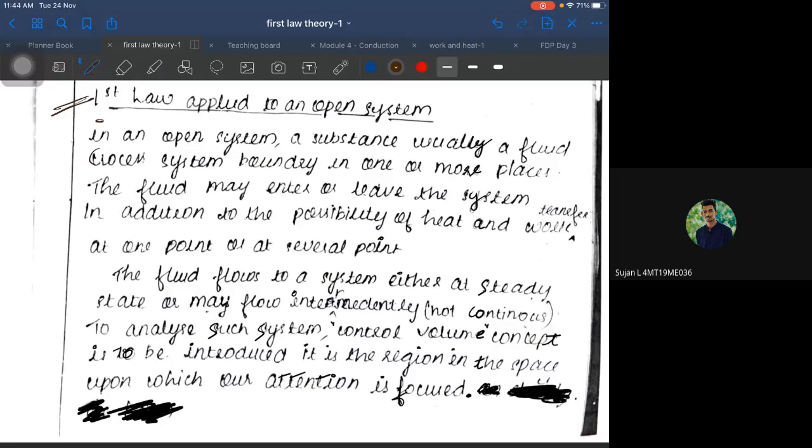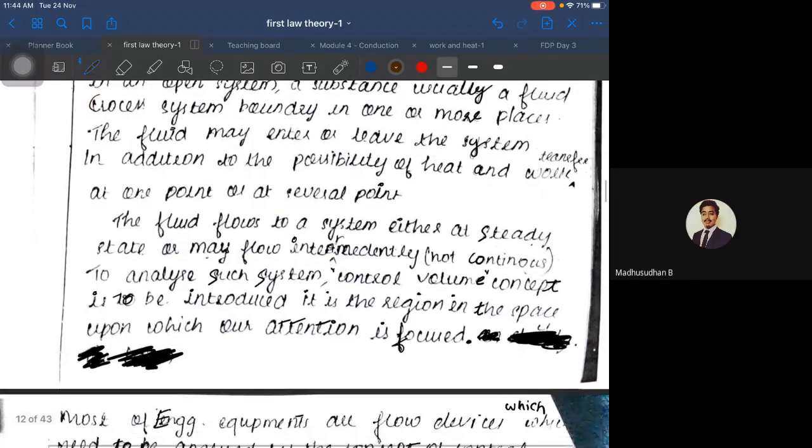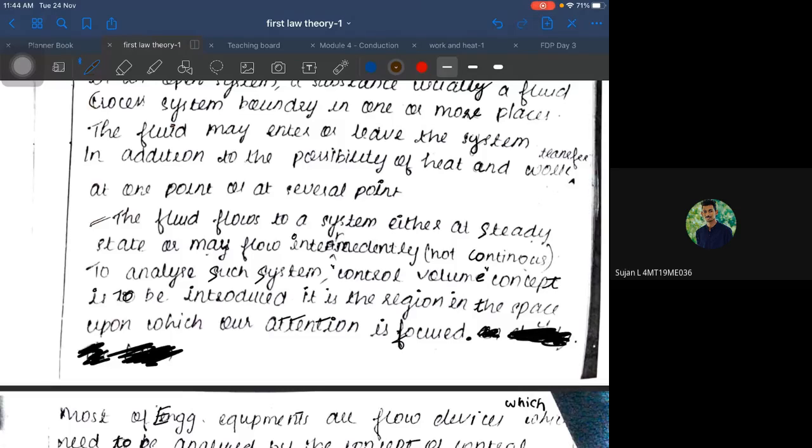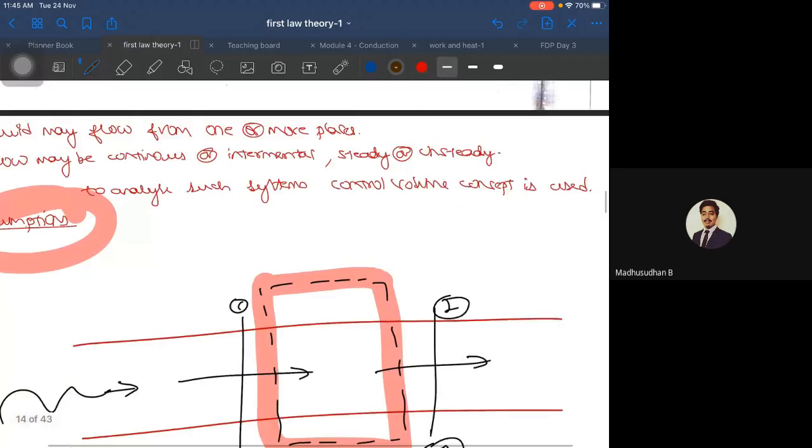The fluid may enter or leave the system, in addition to the possibility of heat and work transfer at one or several points. The fluid flows into a system either at steady state or may flow intermittently, not continuously. To analyze such a system, the control volume concept is to be introduced. It is the region in space upon which our attention is focused. Sujan, can you read this up? So that is what we have dealt with about the control volume concept.